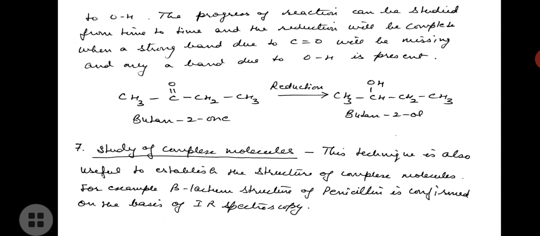The infrared spectra of oxazolones show two characteristic bands, the first at 1825 cm⁻¹ due to C=O, and the second due to C=N at 1675 cm⁻¹. It is found that no such band appears in the spectrum of penicillin. Thus, the oxazolone structure for penicillin is ruled out.